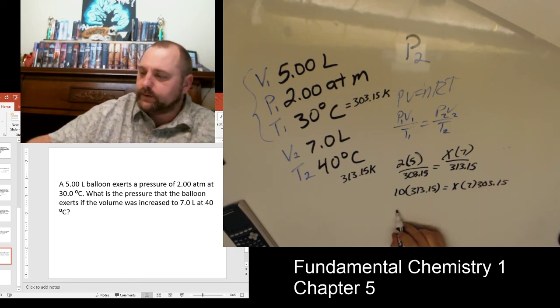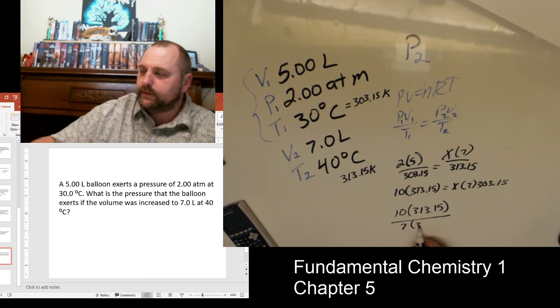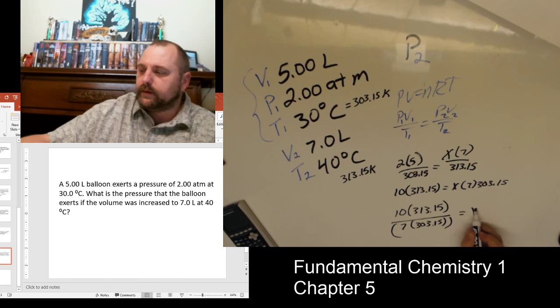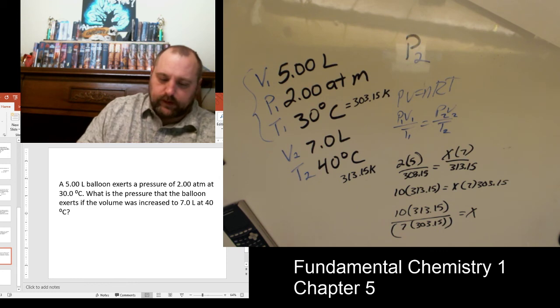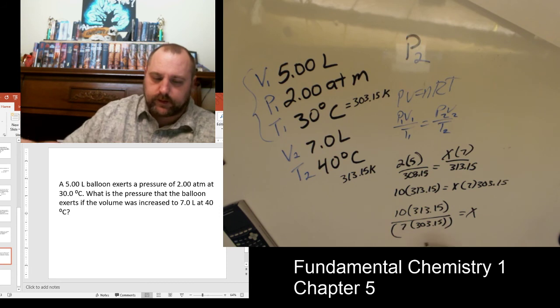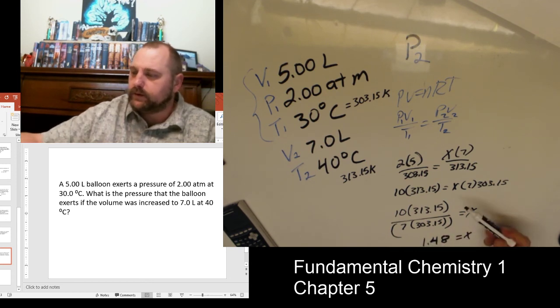Then I'll divide both sides, so I've got 10 times 313.15 divided by 7 times 303.15. Now I'm going to add extra parentheses there. A lot of people forget those. So 10 times 313.15 divided by open parentheses 7 times 303.15. Close my parentheses if I want, or just hit enter. And I got 1.48 is X.